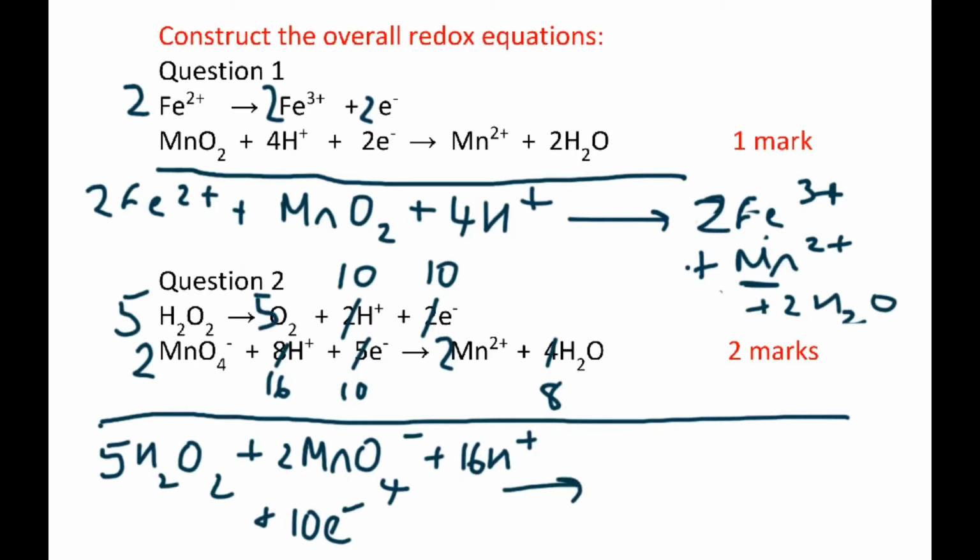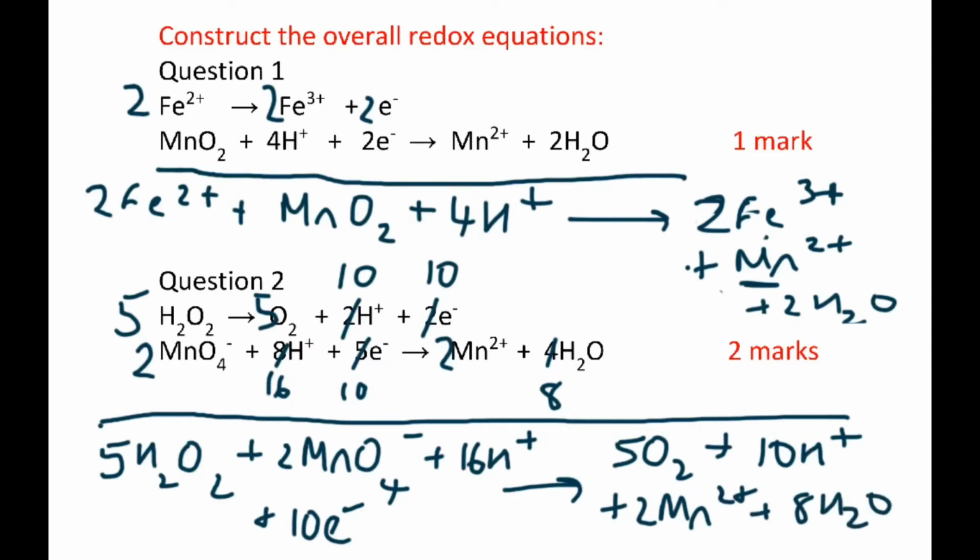Everything on the right is 5O2 plus 10H+ plus 2Mn2+ plus 8H2O plus 10 electrons, but we're going to cancel the electrons out anyway, so I'm going to rub them out.